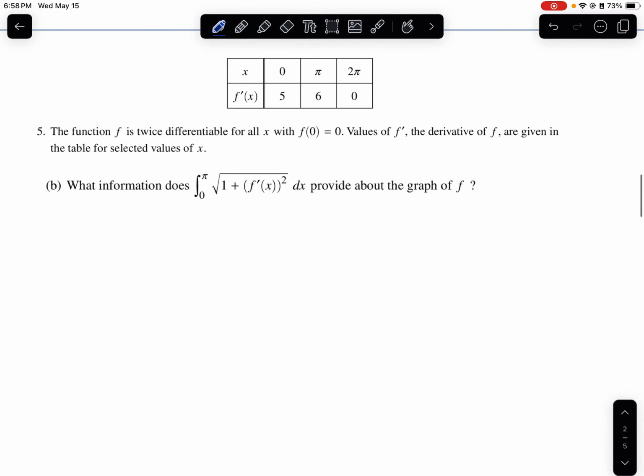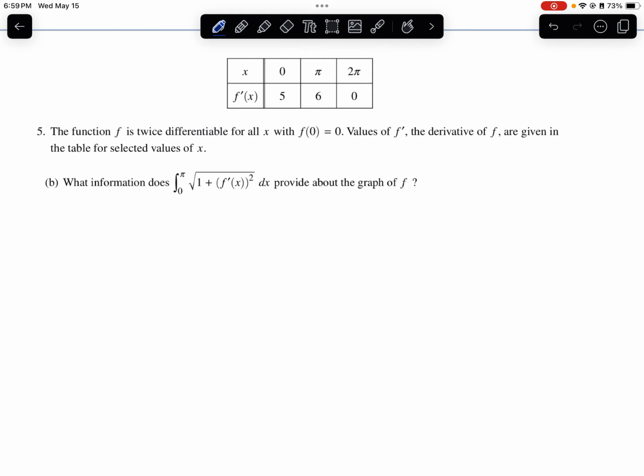Here's part B. What information does the integral from 0 to pi give? So this formula given here, the integral of the square root of 1 plus the derivative of your function squared dx, is the formula for the length of a curve over an interval.